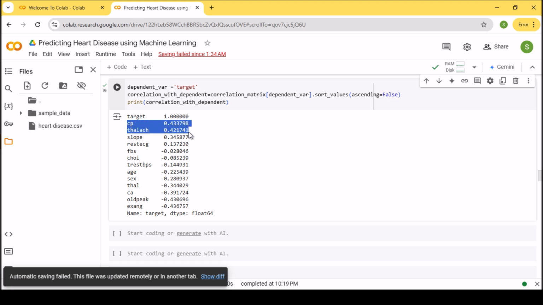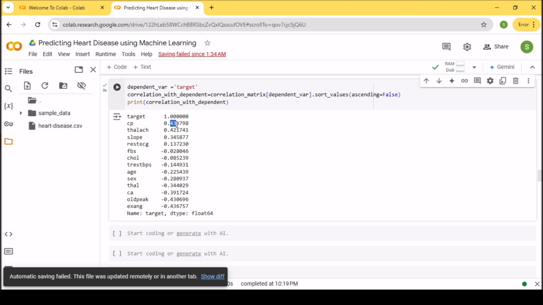On the other hand, when we have the chest pain and the maximum heart rate achieved, as you could see, they have a positive correlation with the target. And the number that you have here, like 0.43, we call it the correlation coefficient.